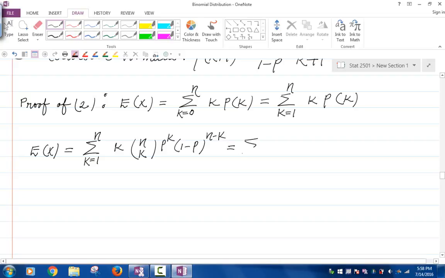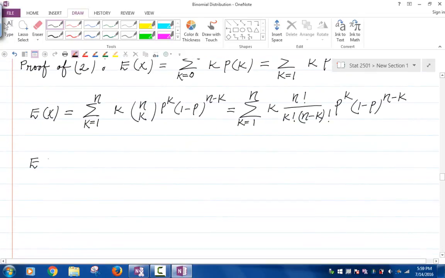And we are going to rewrite this in terms of factorials. So n choose k is n factorial over k factorial times n minus k factorial, p to the k 1 minus p to the n minus k.